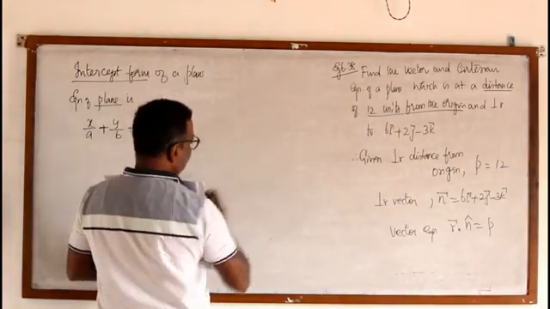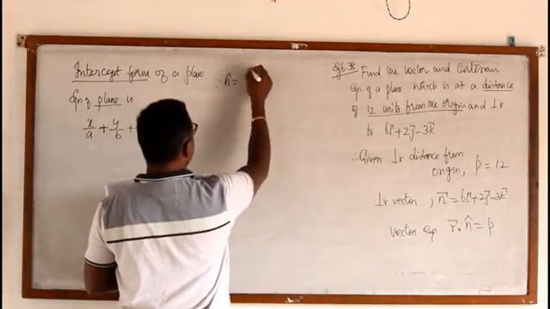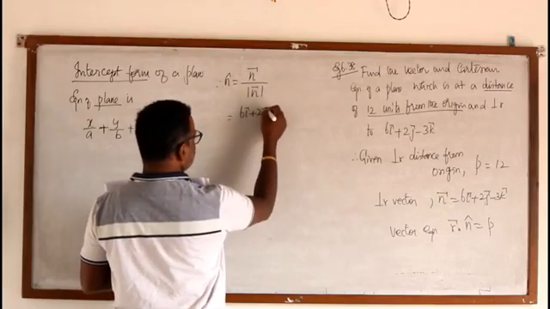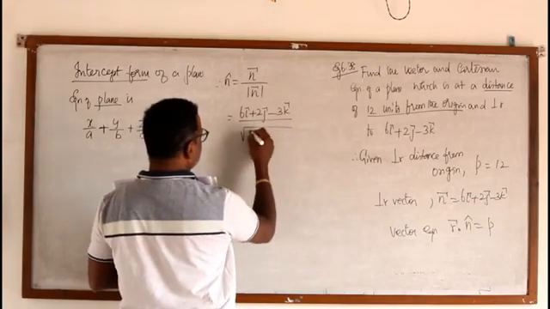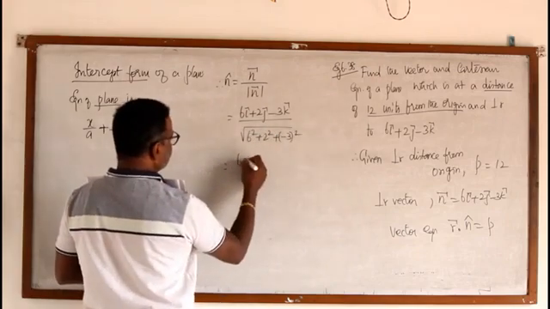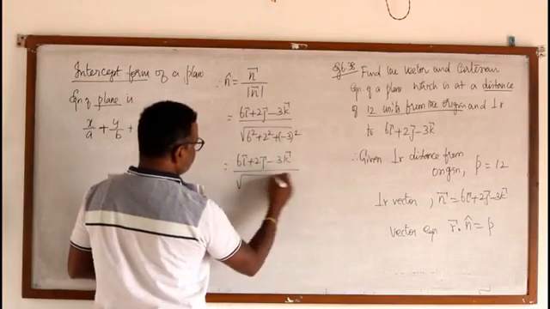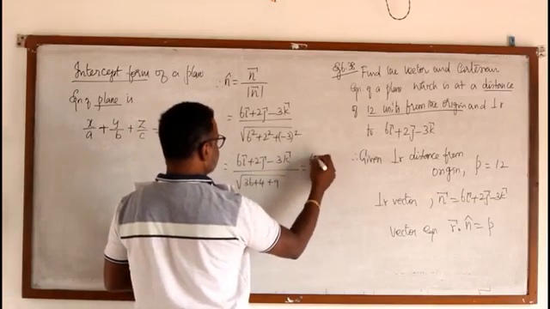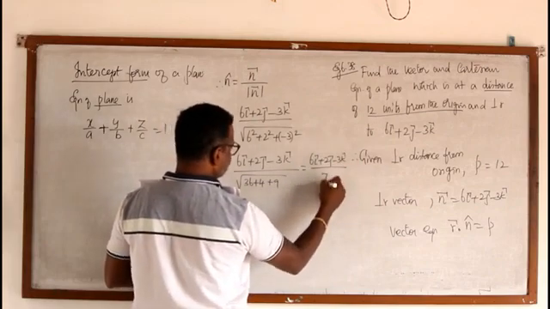Then I need n cap. Therefore, n cap is n vector by modulus of n vector, that is (6i plus 2j minus 3k) by the modulus of n vector, which is root of 6 squared plus 2 squared plus (minus 3) squared. It is (6i plus 2j minus 3k) by root of 36 plus 4 plus 9, root 49, isn't it? So it is (6i plus 2j minus 3k) by 7.